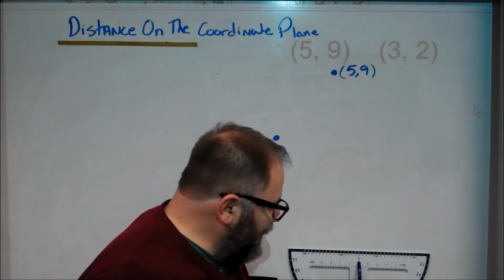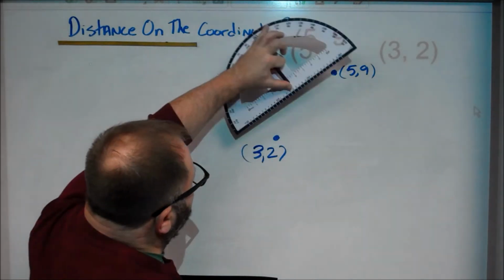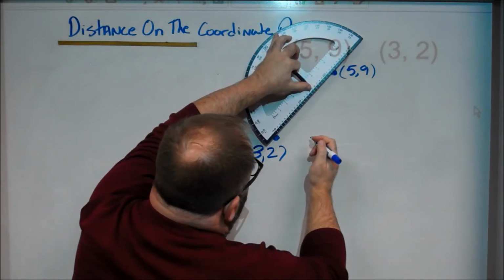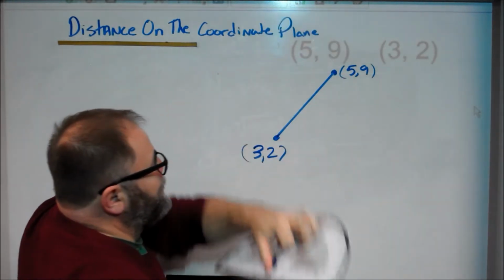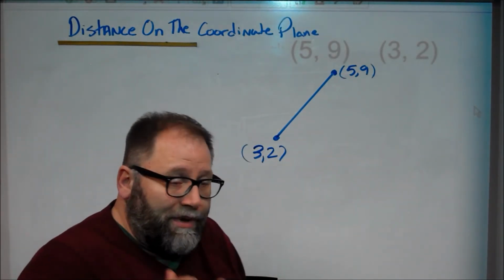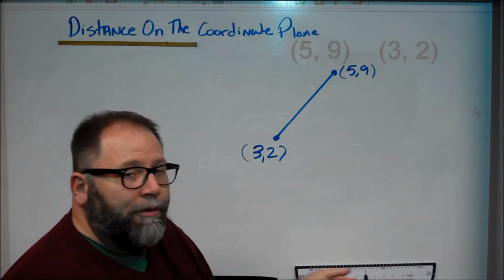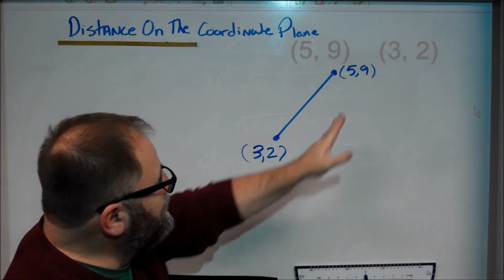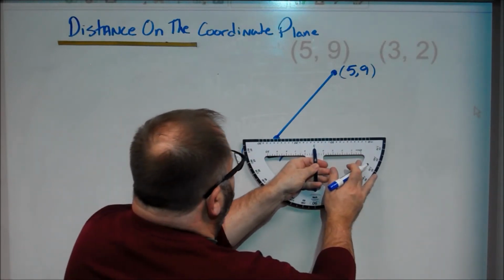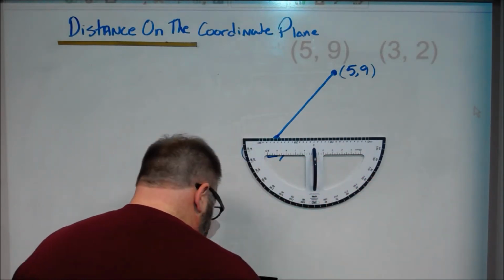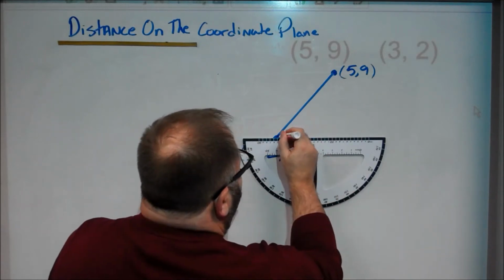Now what we're trying to find is this distance right here. So how far are those 2 points from each other? Now when we do this, this is where the formula comes from, is we're going to make a right triangle. And just to show that, I'm going to use some dots here. So let me get the red, and I'm going to go dot, dot, dot.